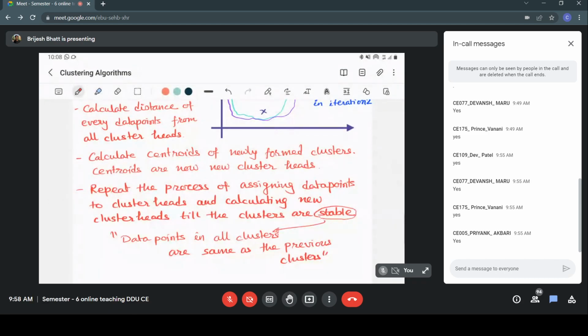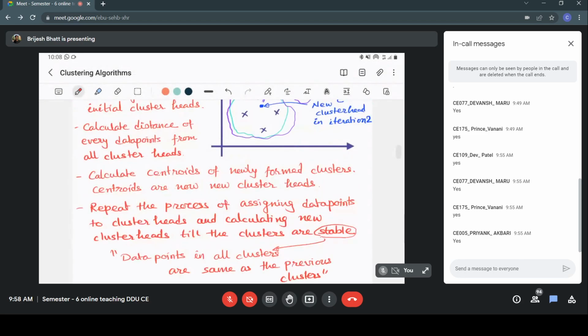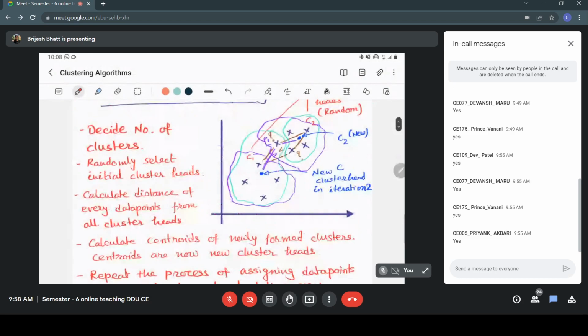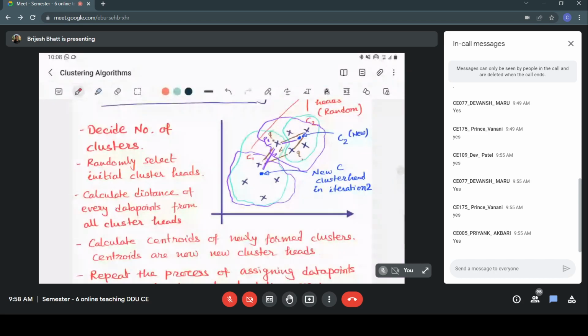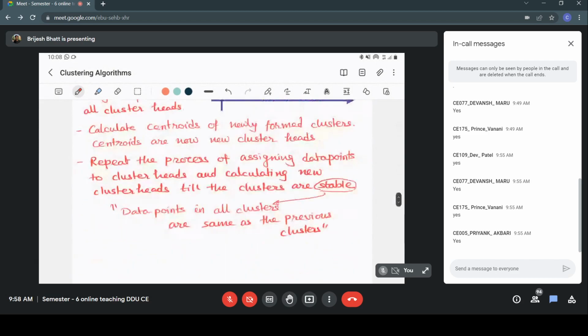This is what we mean by stable clusters. As we have seen here, in the first iteration, the data point P1 has moved from cluster 1 to cluster 2. So we need to iterate one more time and see if any other points are moving to another cluster. We keep repeating this until we reach a level where there is no movement of data points from one cluster to another. When we reach there, we say that the clusters are now stable and the algorithm can stop.